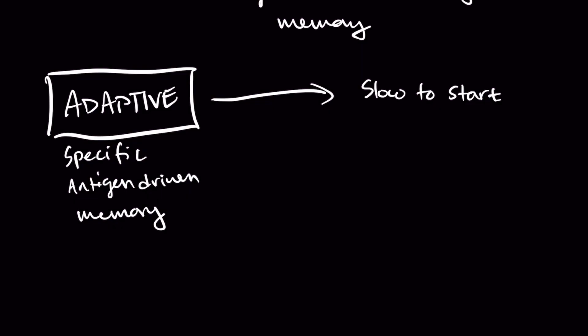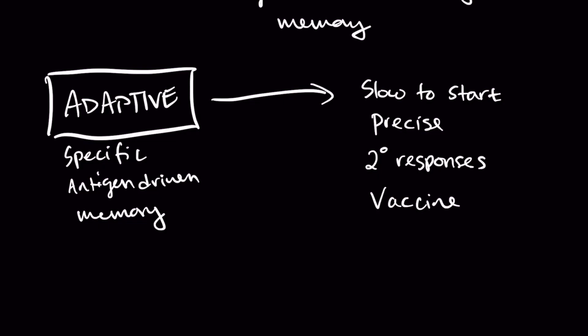But slow to start, it's precise, it produces strong secondary responses, and the whole basis of vaccines is built on how our adaptive immune system works.